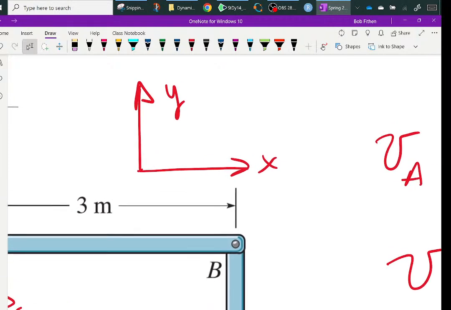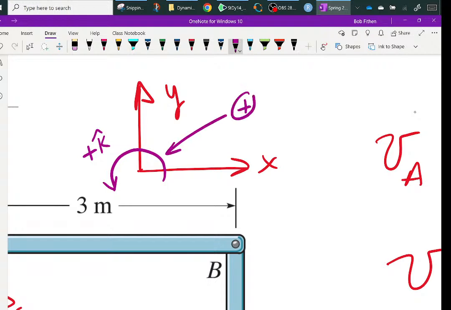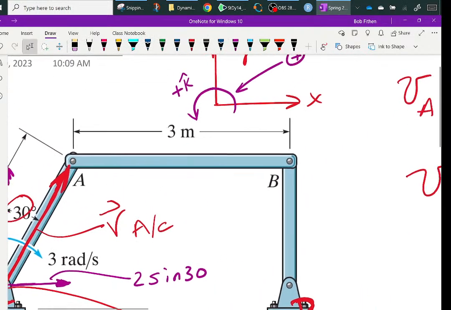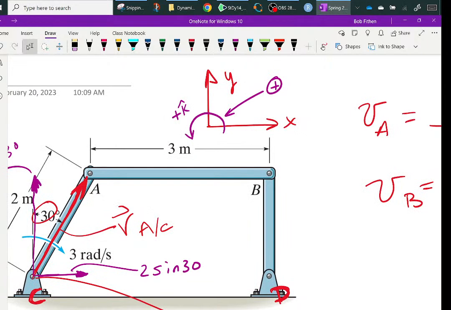If you put the base of your hand on X and rotate it to Y, like so, then the vector pointing towards you is a positive K. And so the rotation this way is positive. Rotation the other way is negative. And so what do we have here? We've got rotation this way.